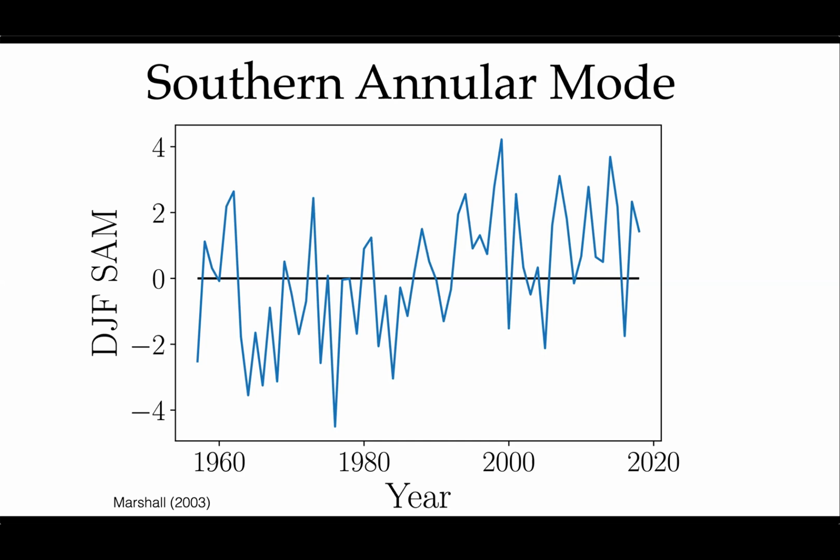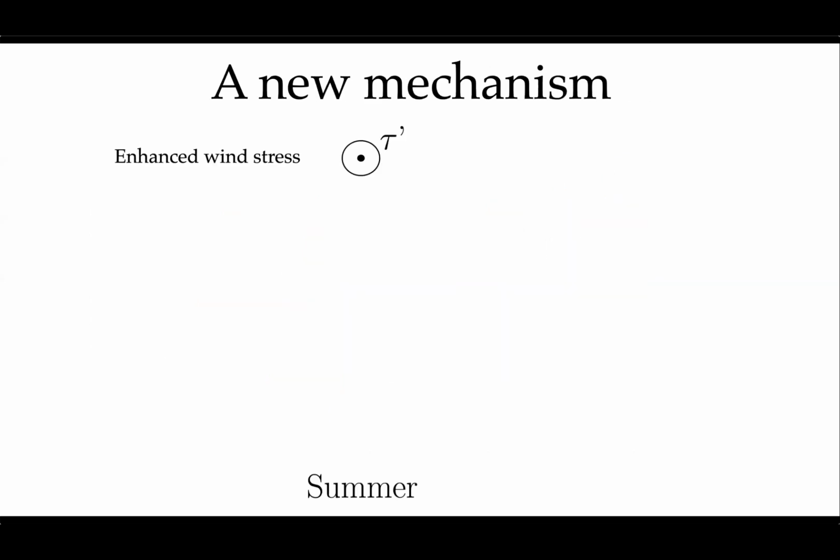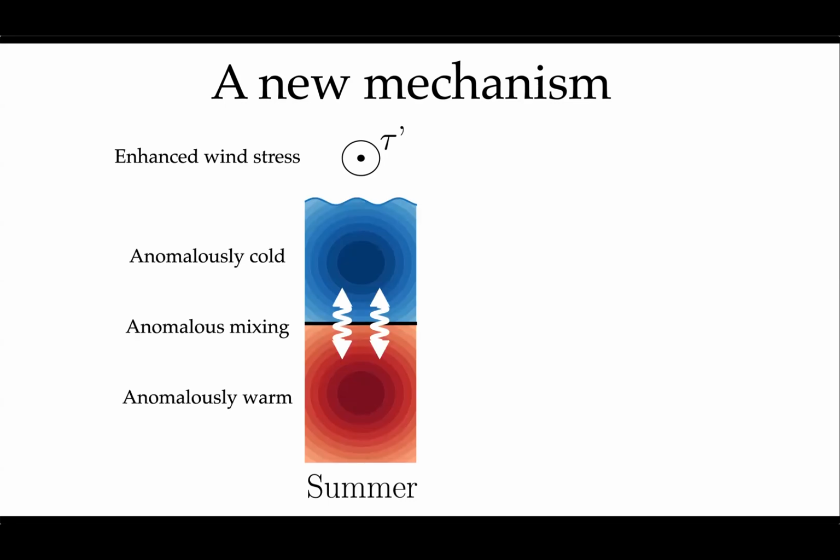And so it's important to understand what this could be doing to the sea ice at the moment. So I want to walk you through a new mechanism that my co-authors and I came up with. We're starting with this idea that in the summertime, we have an enhanced wind stress. So summertime SAM is a bit more positive, so we have stronger zonal winds in that seasonal ice zone. And when we blow that wind a bit more strongly, we expect to get anomalous mixing at the base of the mixed layer.